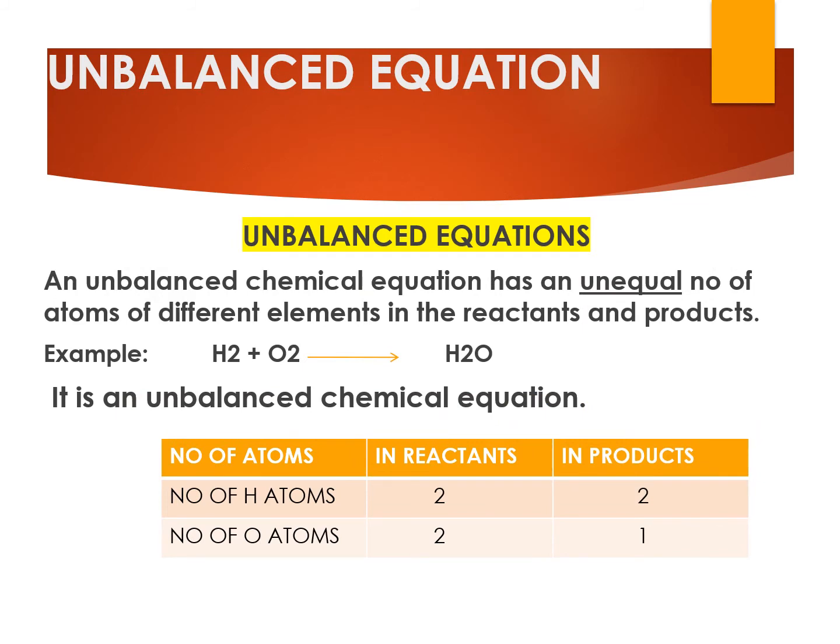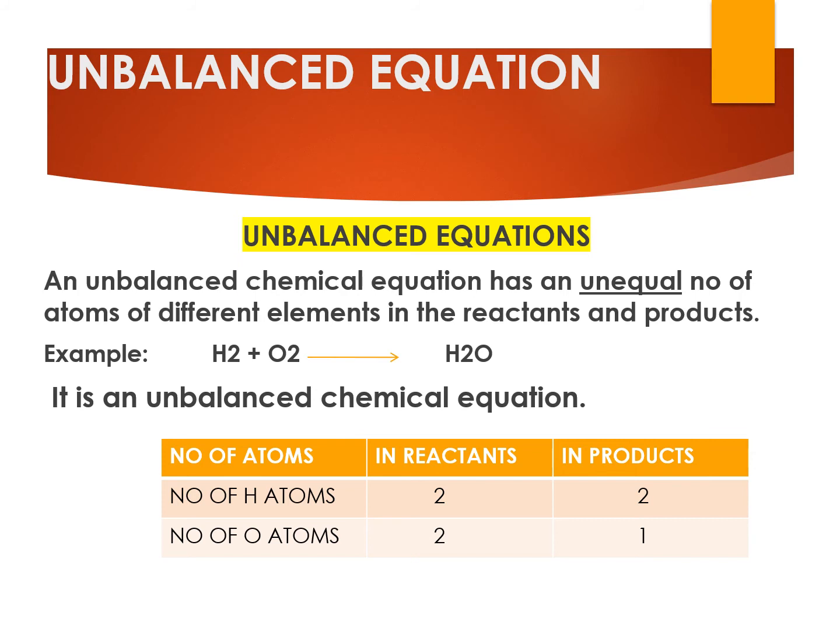An unbalanced chemical equation has an unequal number of atoms of different elements in the reactants and in the products. See here, the number of hydrogen atoms on the reactant side is 2. The number of hydrogen atoms on the product side is also 2.